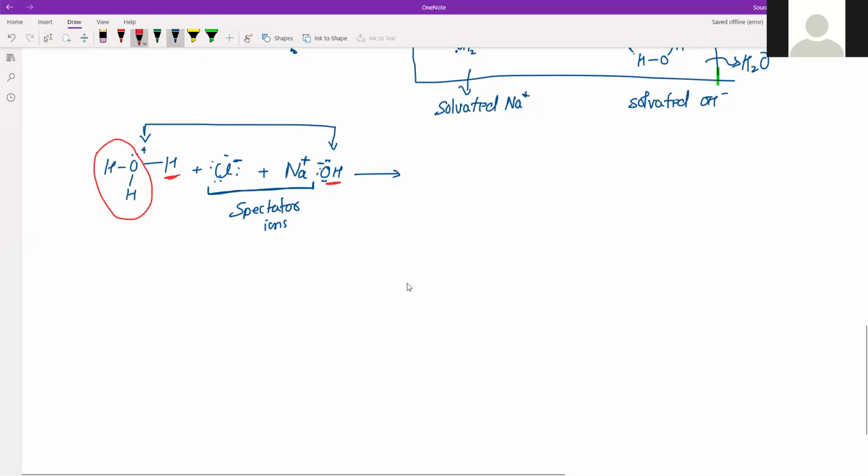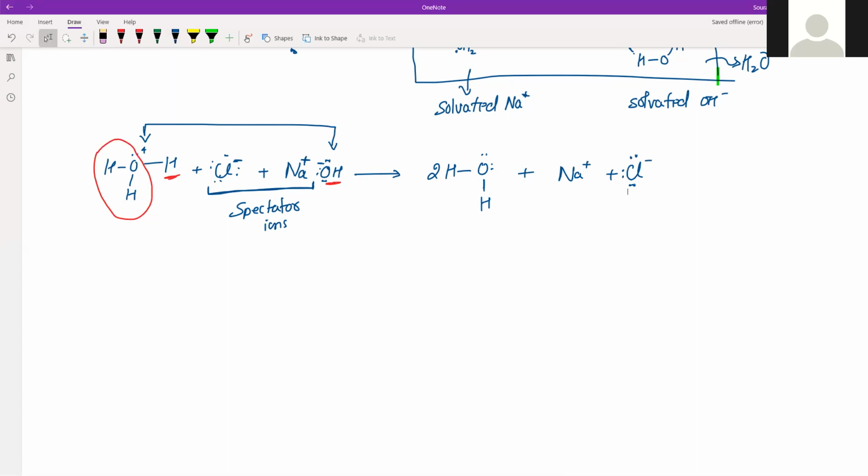So what we get on the product side is 2H2O. This bond is not at 90 degrees; we are just writing it like that right now. And there are two electron pairs or lone pairs, and then you have Na plus from the NaOH and Cl negative from the HCl side. Now these two will react, and this will give you NaCl. So that is the total ionic reaction which we can say.